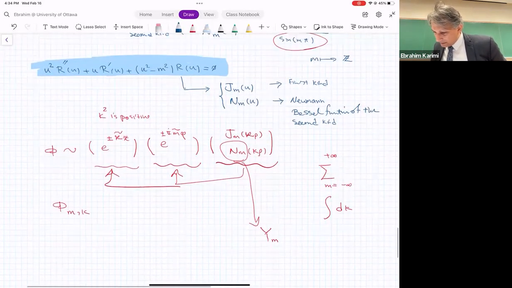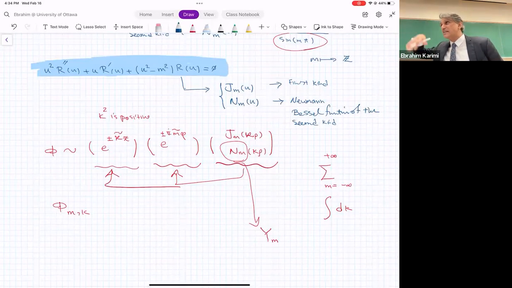That comes from the fact that previously we assumed that along the z direction, the term that we had for the exponential was given by a positive value. So the second derivative of Z with respect to z was given by a positive value. That was giving us exponential of kz or minus kz. However, if along the z direction we don't have a decaying or increasing function, then we have to deal with some sort of oscillation along the z direction.